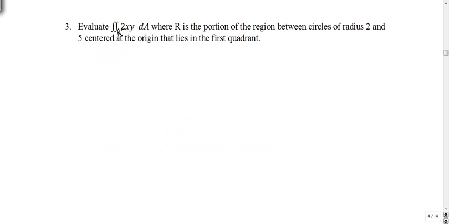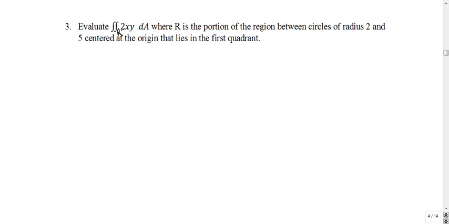Evaluate the double integral over r of 2xy dA, where r is the portion of the region between circles of radius 2 and 5 centered at the origin. Okay, let's set this up.